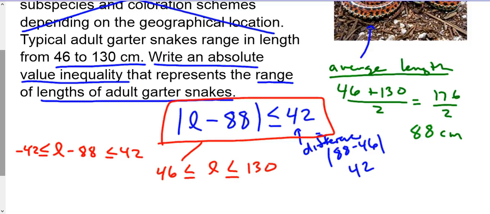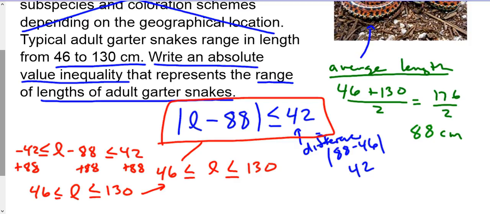We would add 88 to both sides. And then what we have is 46 on one side, and 130 on the other. So that's what we're looking for. This is what an absolute value inequality representation of the range of the length of the adult garter snake would be.